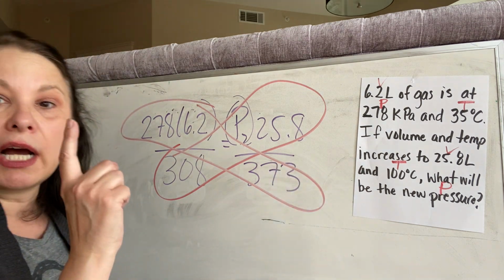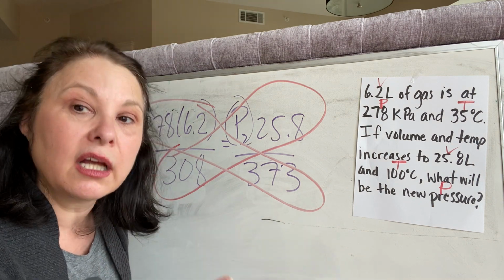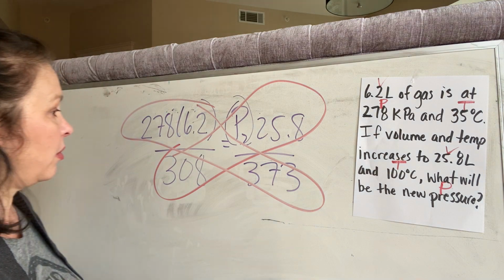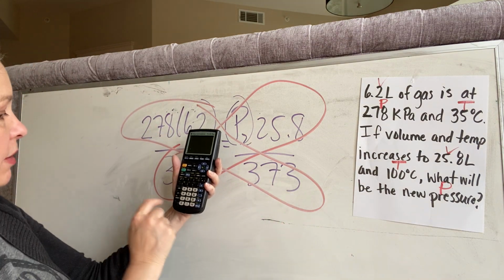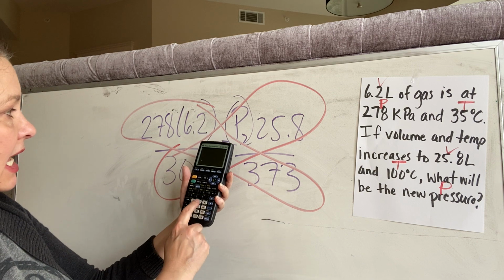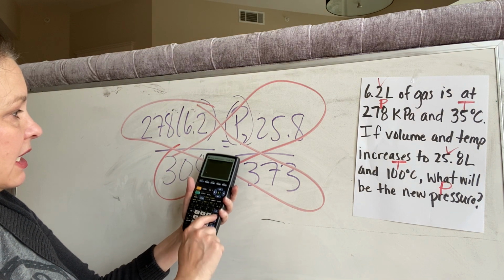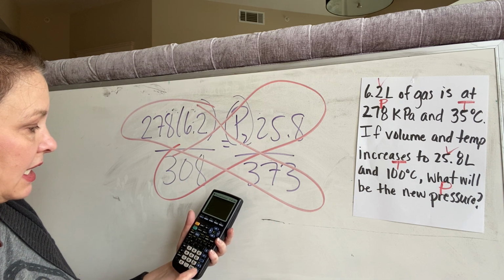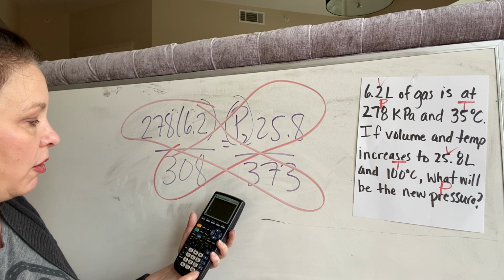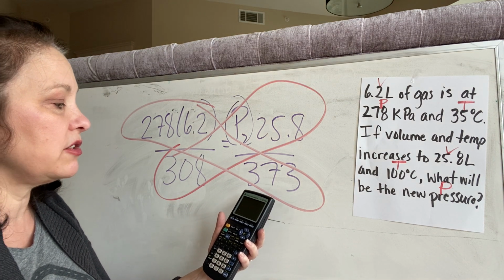Parentheses. I'm going to be dealing with the wing without the variable, which is this one right here. So inside those parentheses, I'm going to say 278 times 6.2 times 373 equals, and I will get this big old honking number, like 642,000.